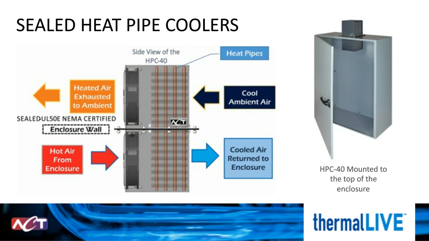Because the HPC utilizes two-phase heat transfer, more power is removed per degree C. The largest HPC unit has the ability to remove 80 watts per degree C delta. Now, these are typically used in enclosures that require that NEMA-sealed rating and tend to hold variable frequency drives that generate a lot of waste heat.